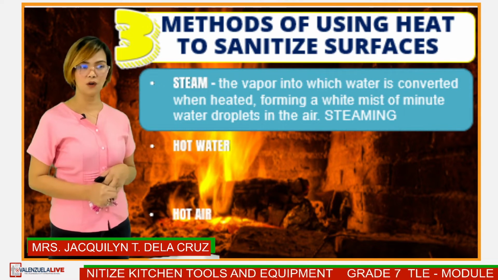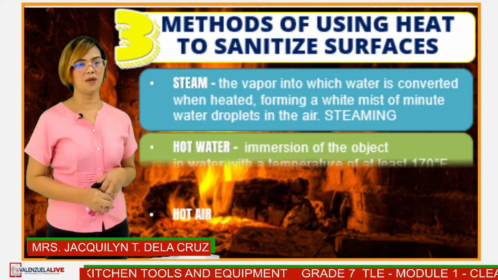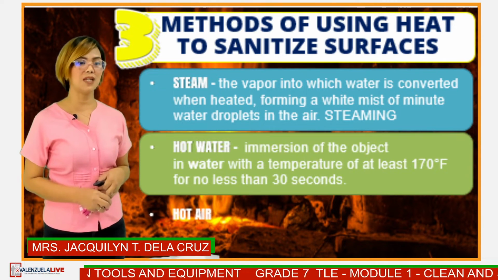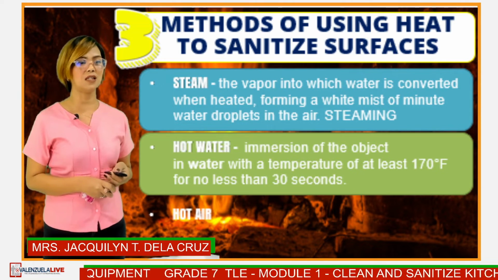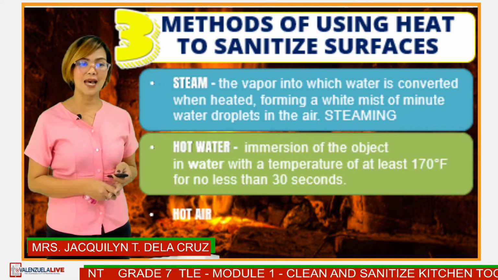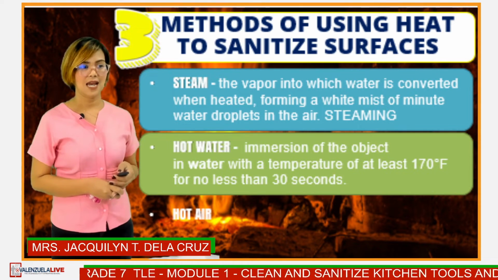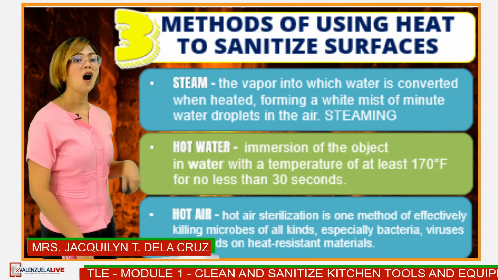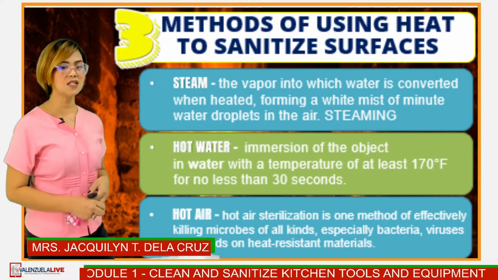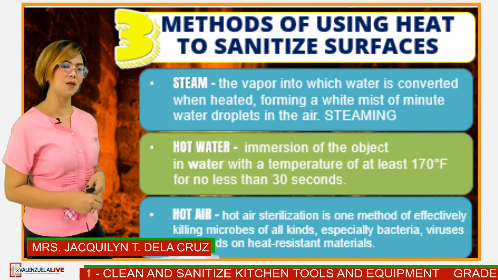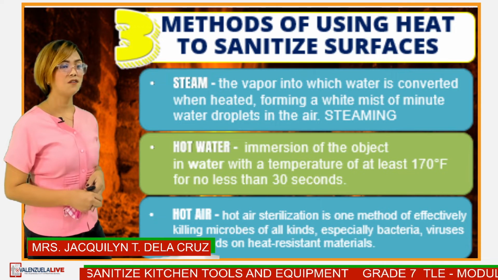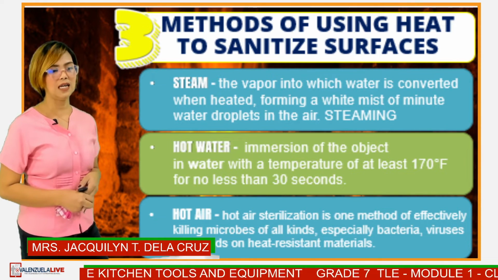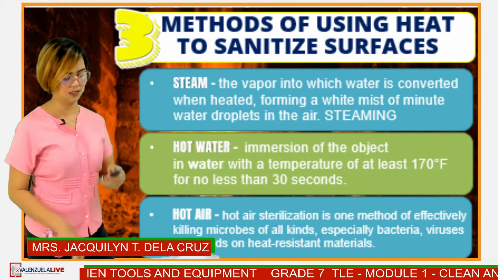Next method is called hot water method, wherein the object is immersed in water with a temperature of at least 170 degrees Fahrenheit for no less than 30 seconds. And the last one is the hot air. Hot air sterilization is one method of effectively killing microbes of all kinds, especially bacteria, viruses, and molds on heat-resistant materials.